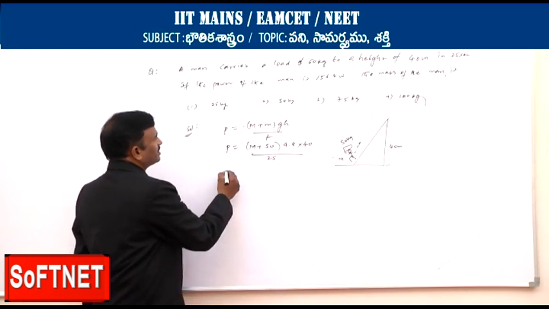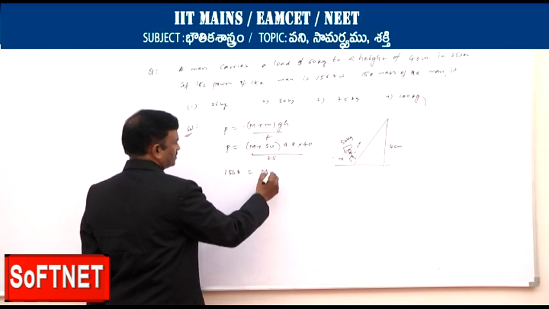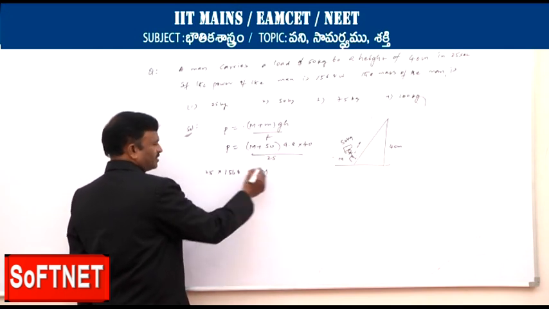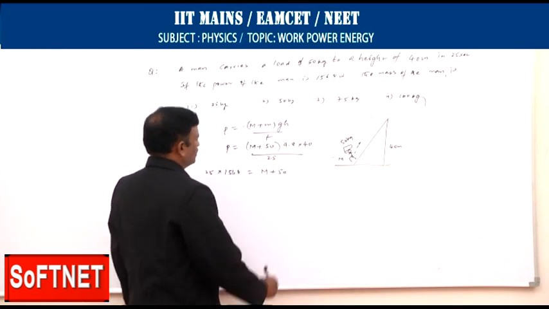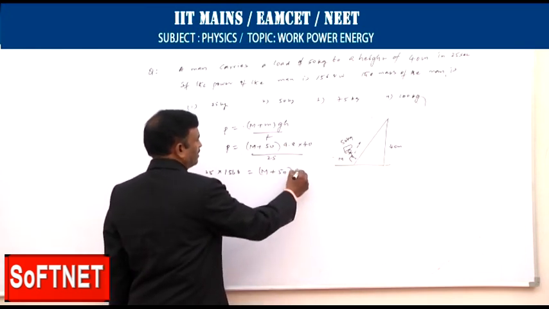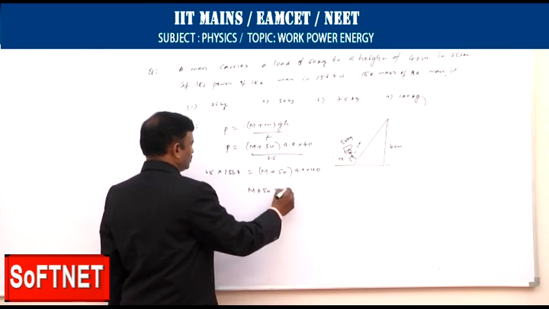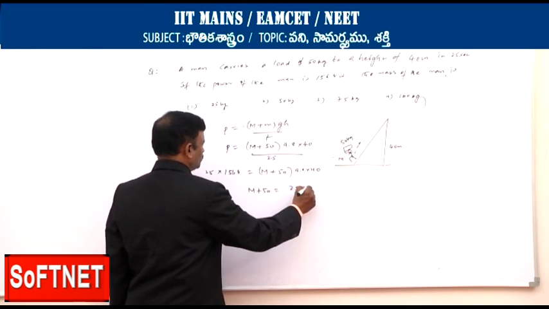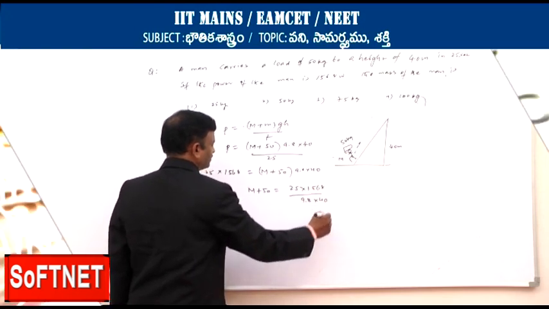Power is given as 1568 watts, so 1568 into 25 is equal to M plus 50 into 9.8 into 40. So M plus 50 is equal to 25 into 1568 by 9.8 into 40.